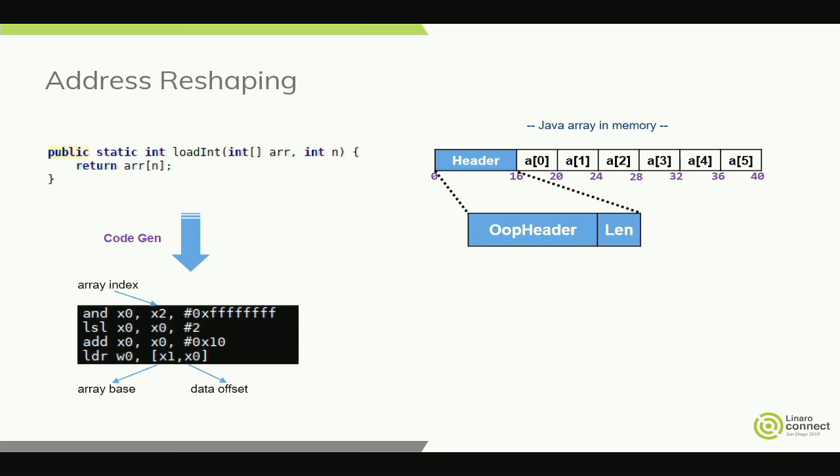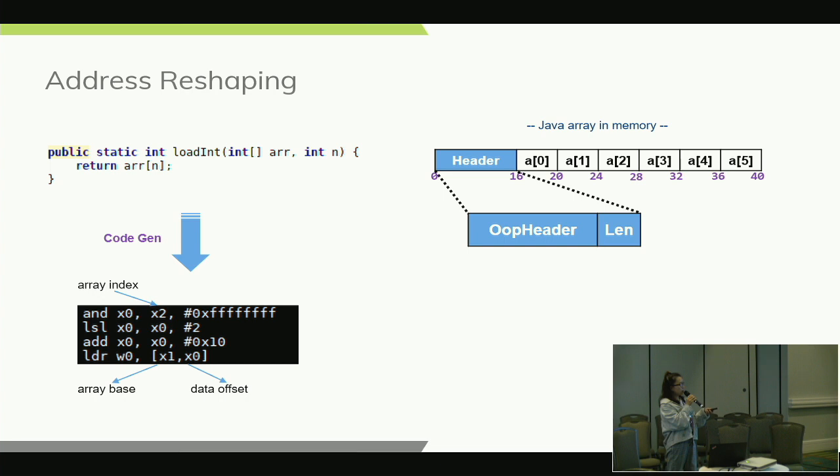This is the example for the address reshaping. This is the memory layout of a Java array. It always begins with a header part with 16 bytes, and then the elements one by one. So if you want to load or store an element, you must first multiply its array index by its type size, and then add the header offset.